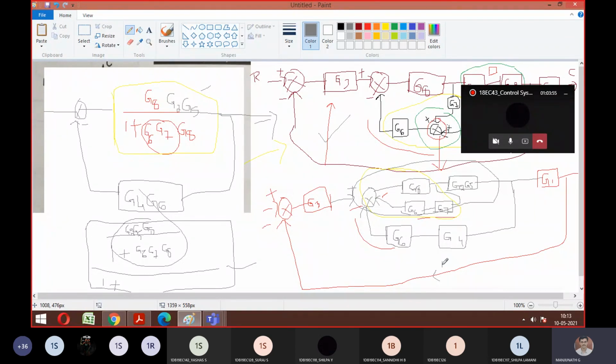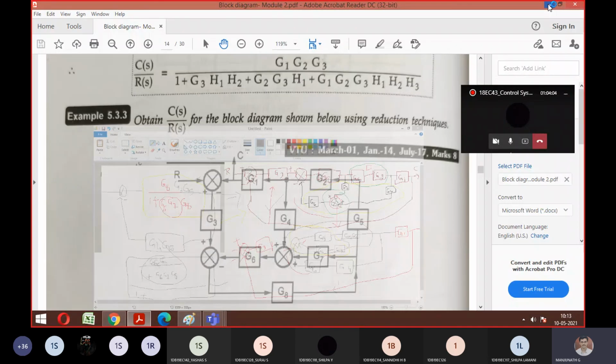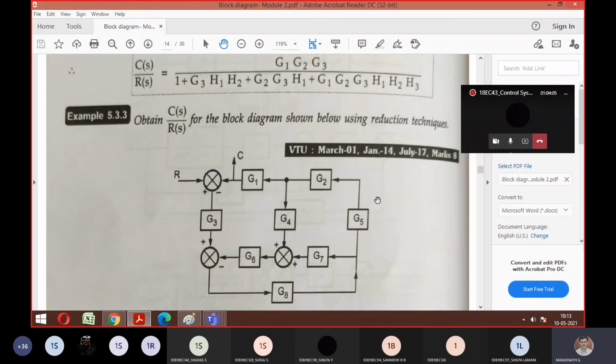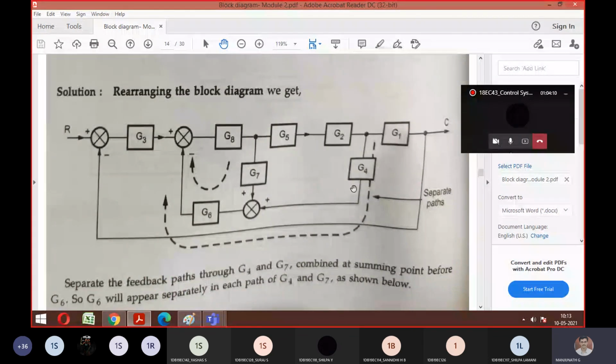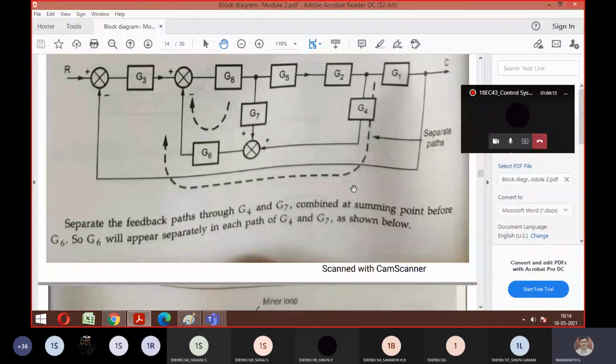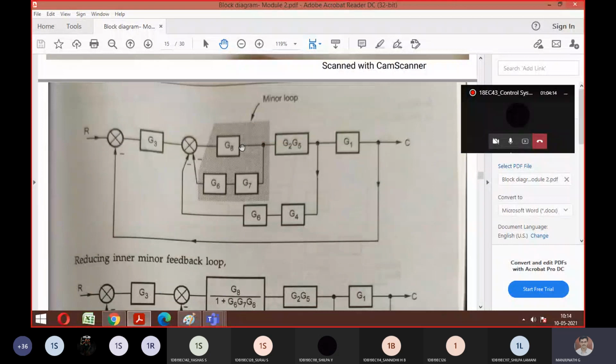So let me show you the final answer. Is it visible, guys? Look here. This is the first step we did. You can look at the screen now. Then in step number 2, we split that category. You can see a statement here: separate the feedback path G4 and G7. Then this has been made 1.